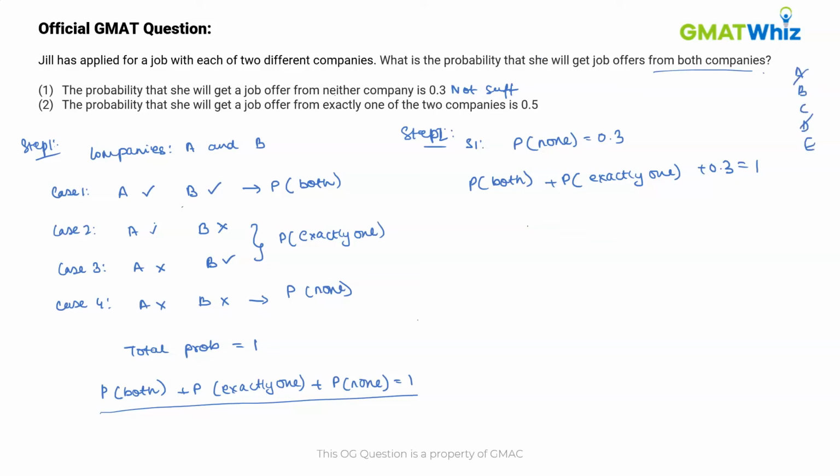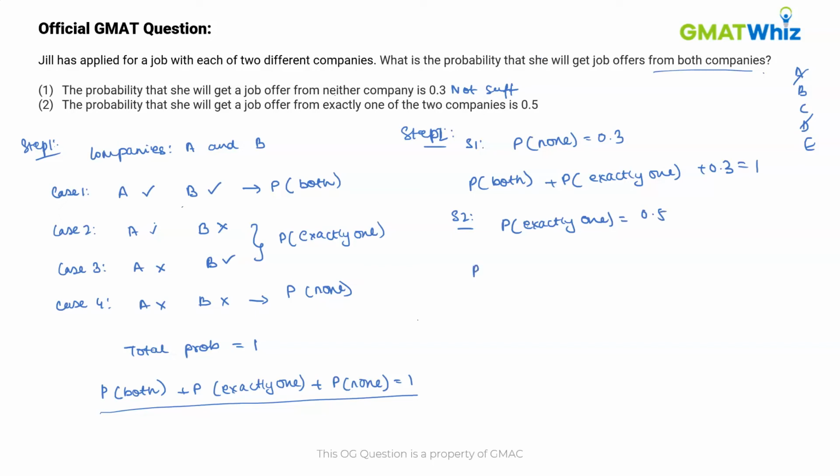We now check the sufficiency of statement 2. In statement 2, we have that the probability that she will get a job offer from exactly one of the two companies is 0.5. That means P of exactly one of the two companies is 0.5.